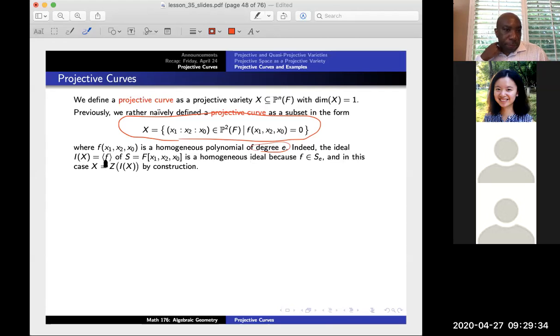Well, let's see. To be a projective variety, we have to make sure of a couple of things. Number one, that it's irreducible, and number two, that it's Zariski closed. Since it's generated by one polynomial, the ideal of X is generated by this one polynomial f.